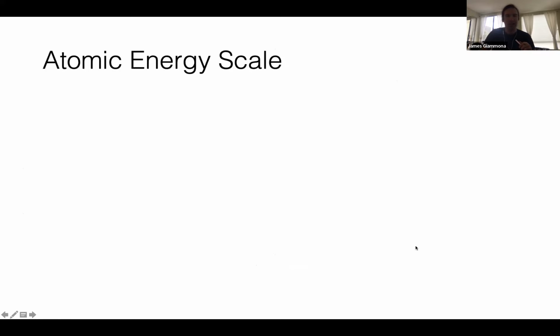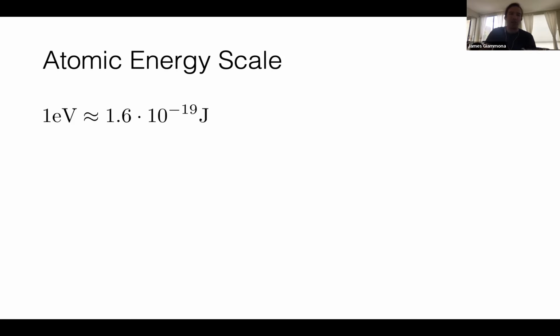Okay, so next thing is the atomic energy scale, that scale of bonds. We think of materials as being these cubic lattices of atoms. So each atom has neighbors up, down, left, right, back, forth from it. And the scale of the energy linking those atoms together is the electron volt scale.